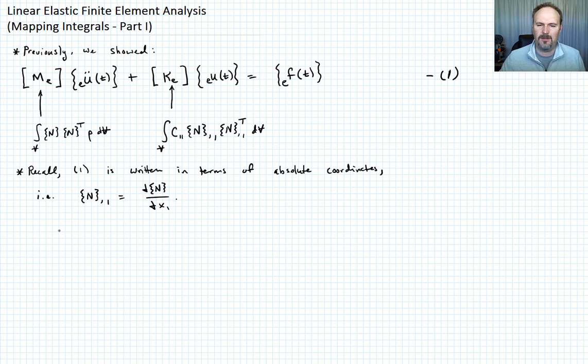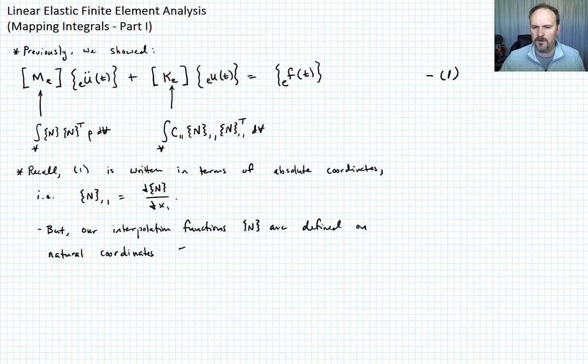Okay, but we have a problem, right? Our interpolation functions that I gave you several lectures ago are defined on the natural coordinates, okay? Those natural coordinates are xi, eta, and zeta, right? And so N, as we've defined it, is a vector set that's defined as a function of xi, eta, and zeta.